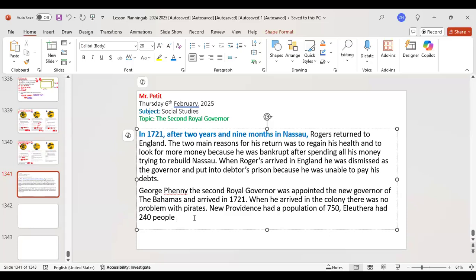So the population of Eleuthera is very important because that's where you had some settlers, right? Eleuthera had 240 people, and Harbour Island had 150 residents, right? All right.